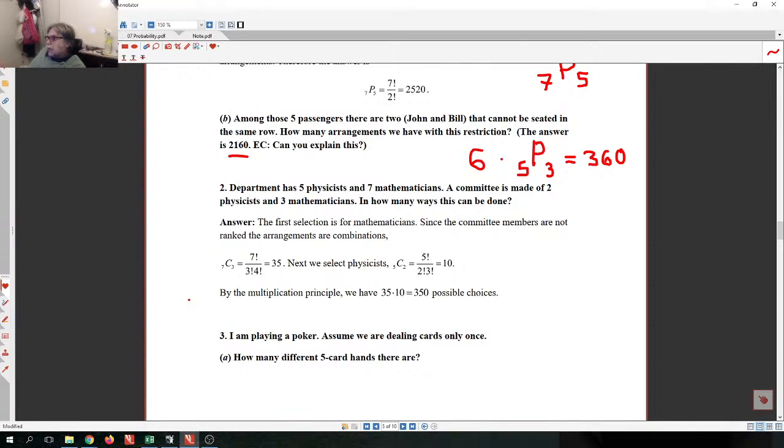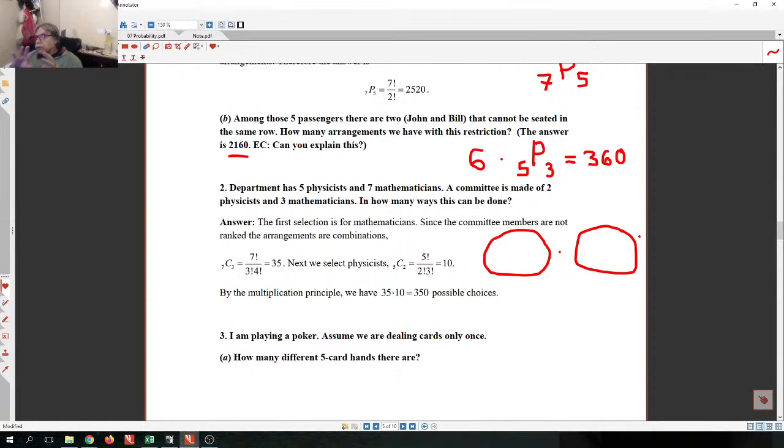So this is actually a 2-choice question. First, you will select mathematicians, and you have to find how many choices you have to select 3 out of 7. Then you're going to select physicists, and you're going to multiply these 2.